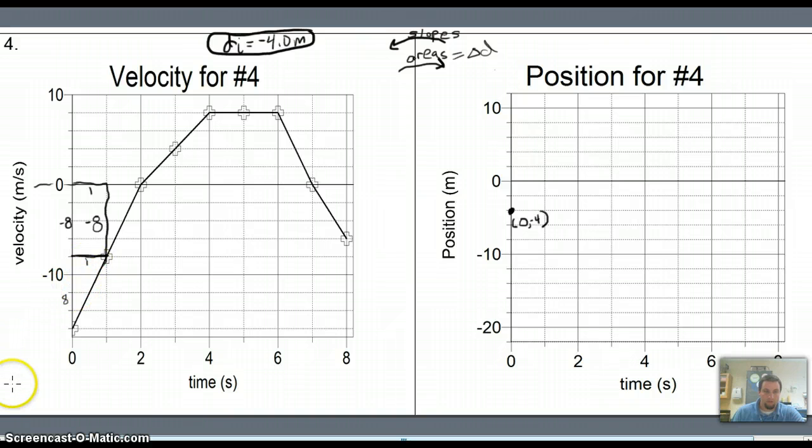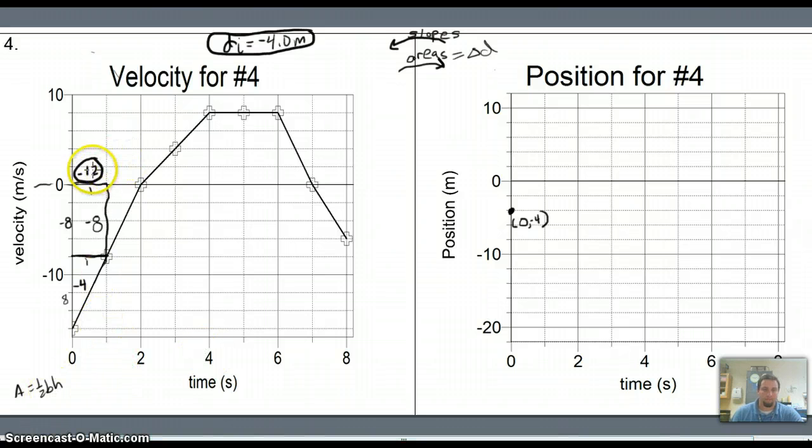We know the area of a triangle is 1/2 base times height. So base times height would be 8, times 1/2 would be 4, -4 here. So I take these two values and add them together. -8 plus -4 would give me a total of -12. I'll circle this here so it pops out at me for my displacement from 0 to 1.